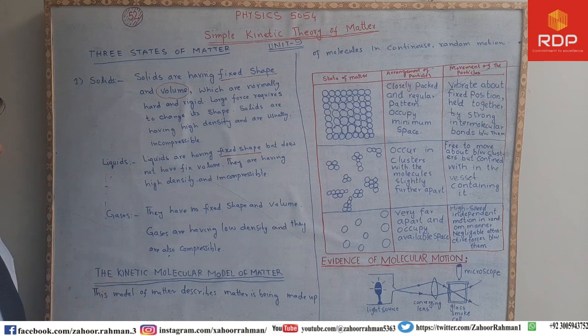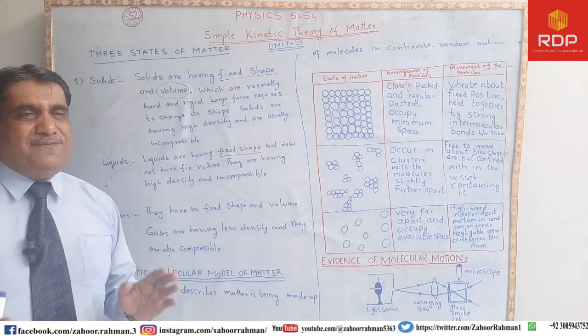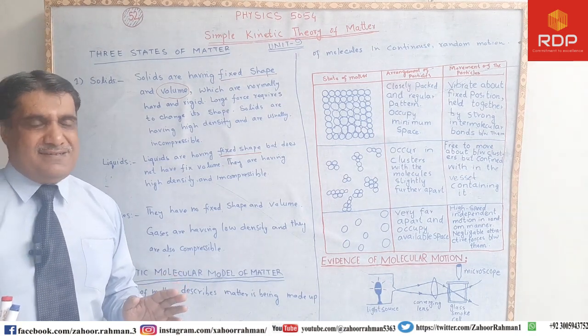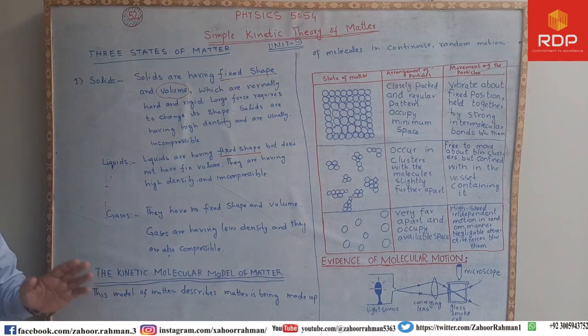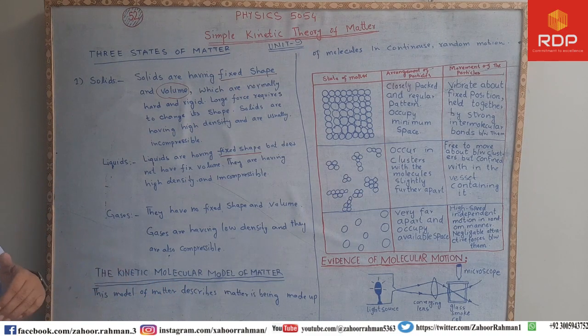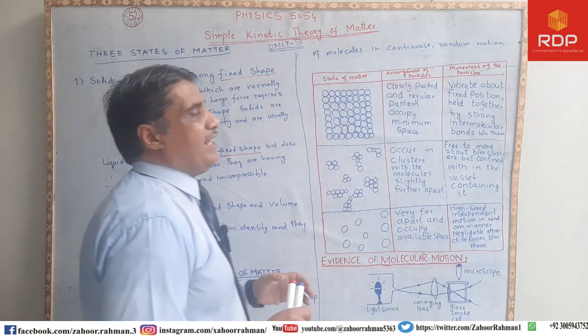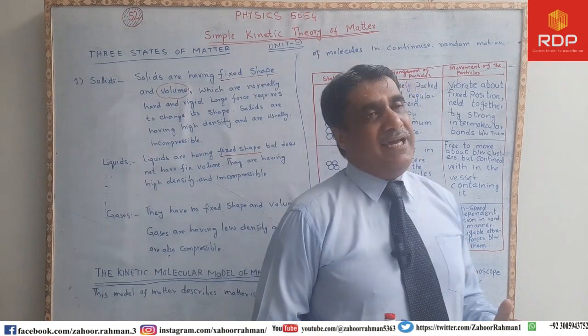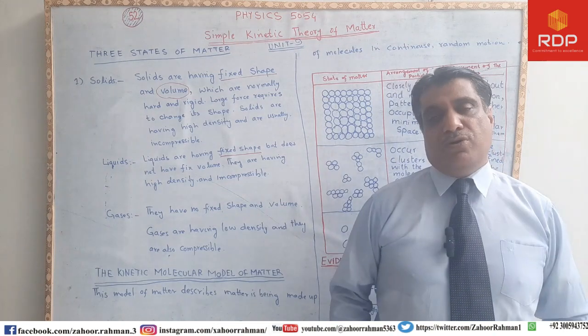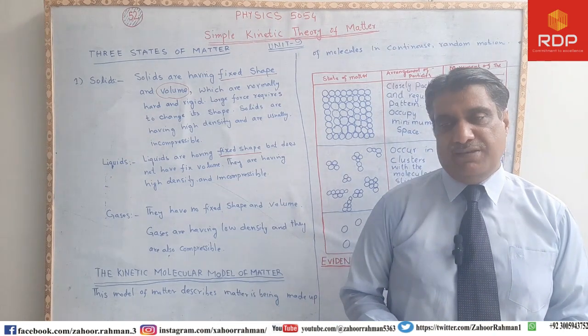Next topic is the kinetic molecular model of matter. What does it mean? It means that every matter consists of atoms or molecules, and those molecules are in random and continuous motion inside the matter.